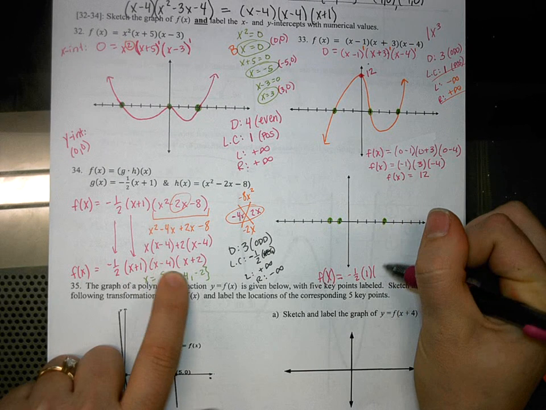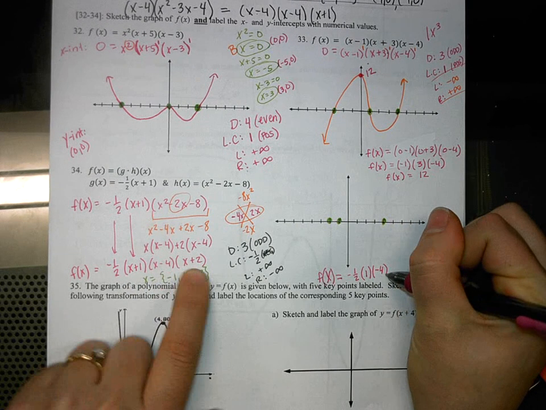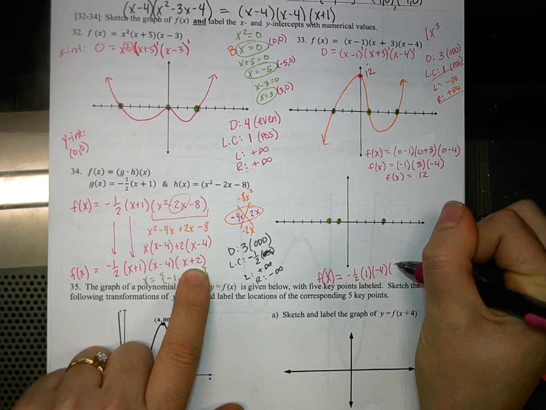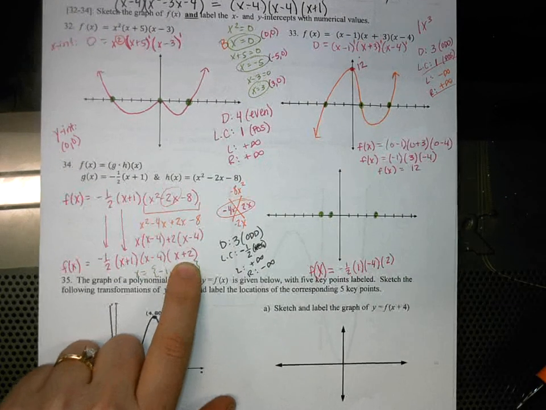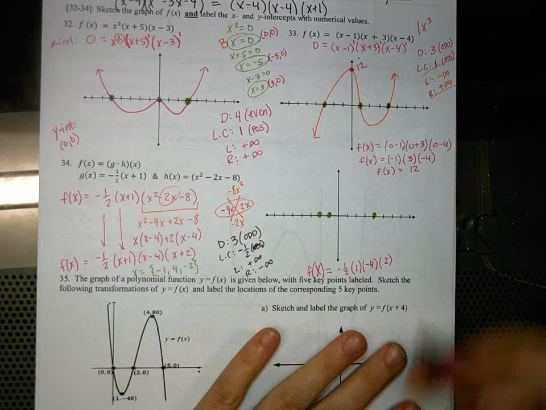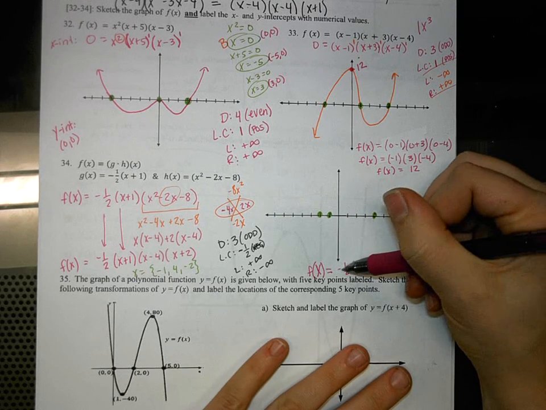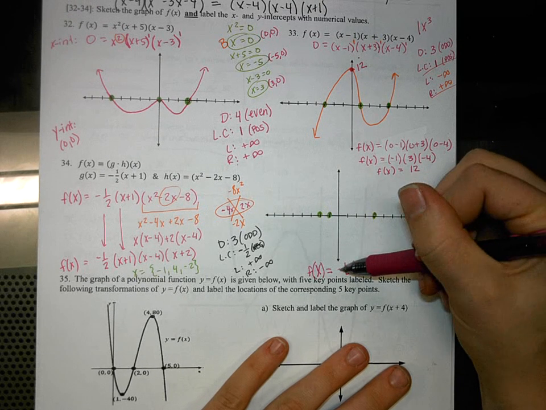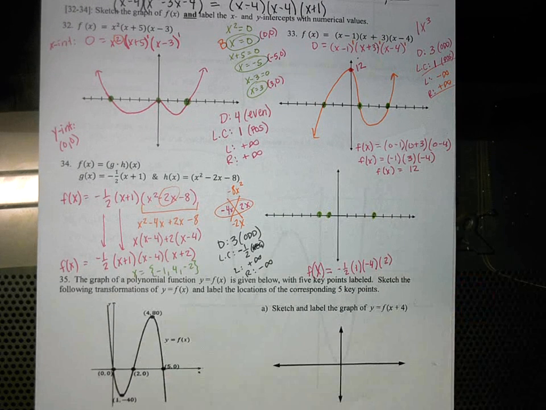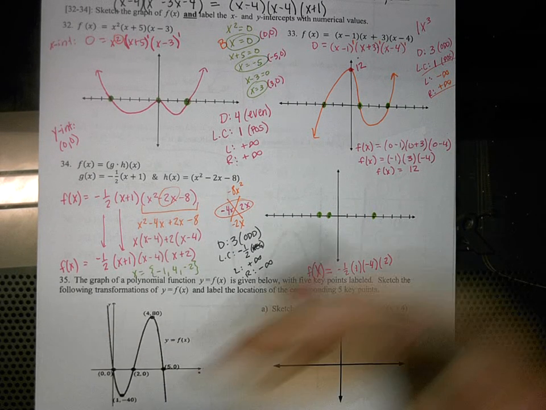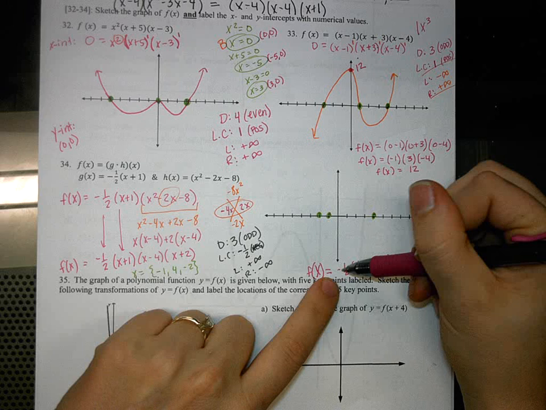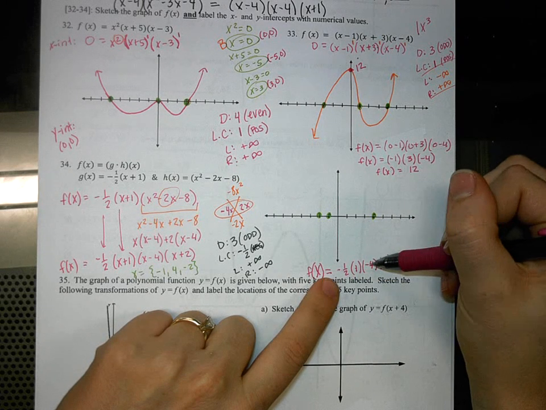And 0 plus 2 is +2. So this is negative times positive times negative times positive. -1/2 times 1 is -1/2. -1/2 times -4 is +2, and 2 times 2 is 4.